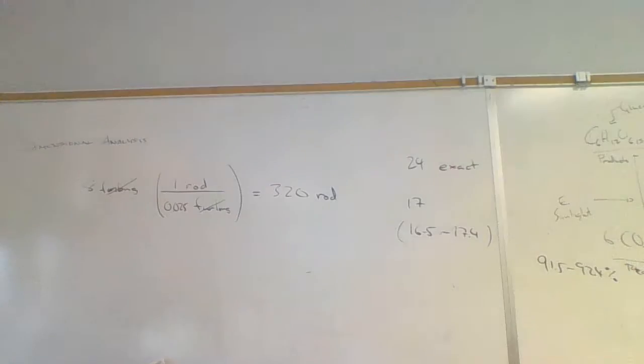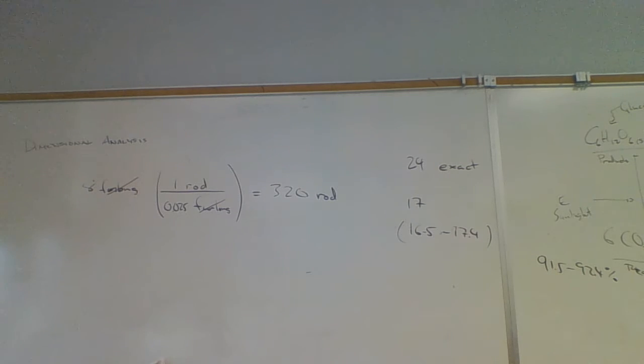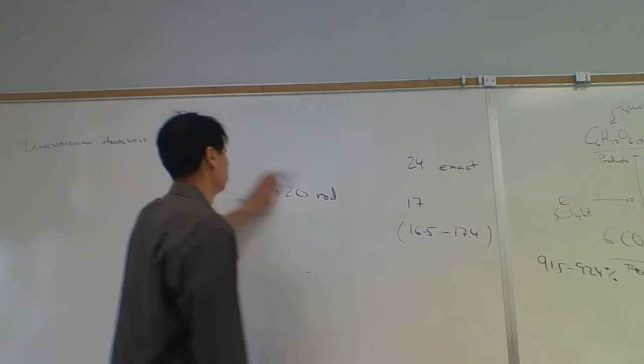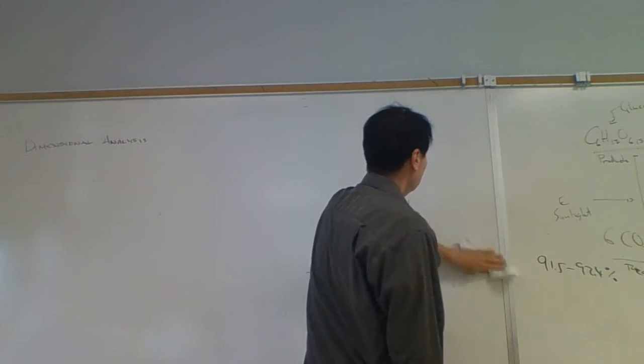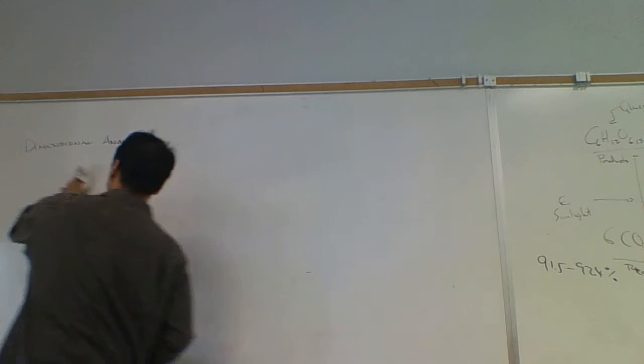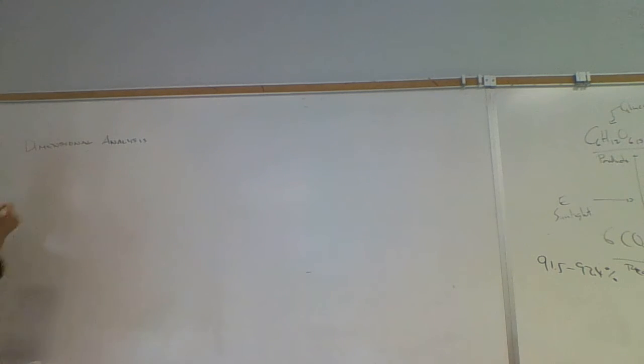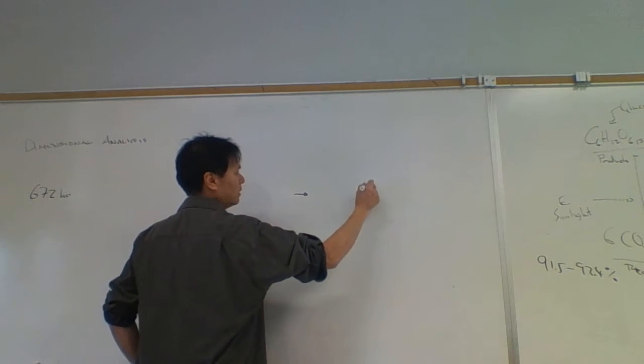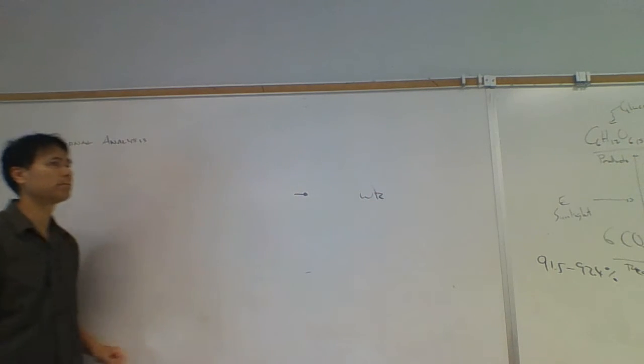Let's do this on the board here. So what I have is I have it given 672 hours. Each hour is the abbreviation for hours. So 672 hours. Eventually, I want this in terms of weeks. How many weeks is that?